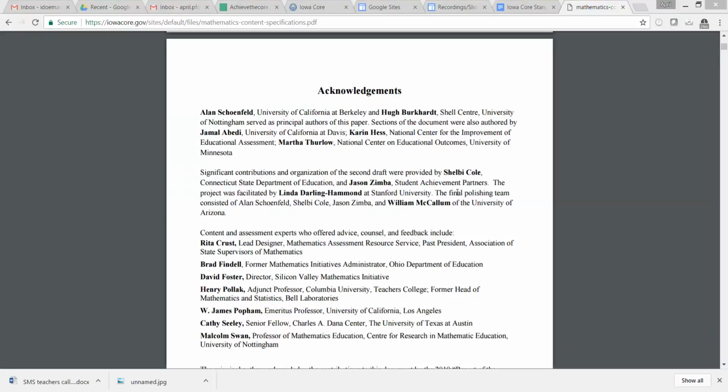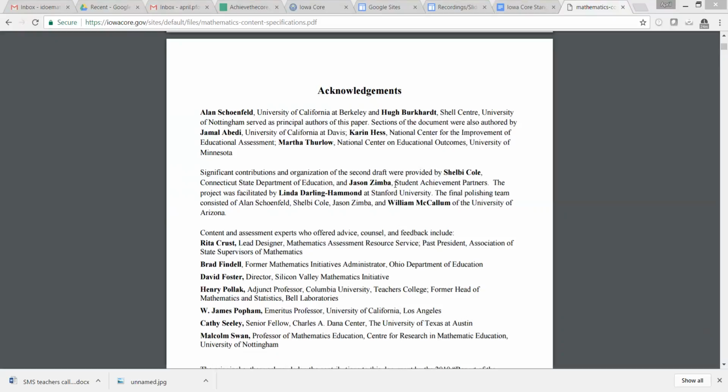She stepped into being the Connecticut state lead, into some really big shoes. After that, Shelby went to Smarter Balanced, and now she is the lead of the math team at Achieve the Core. So Shelby really has done many things and has a very unique skill set.